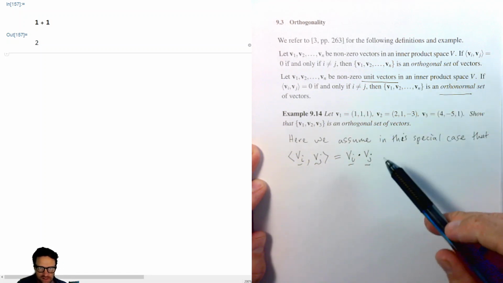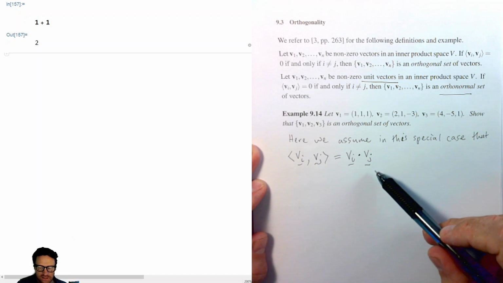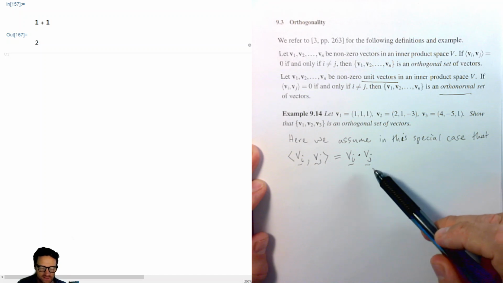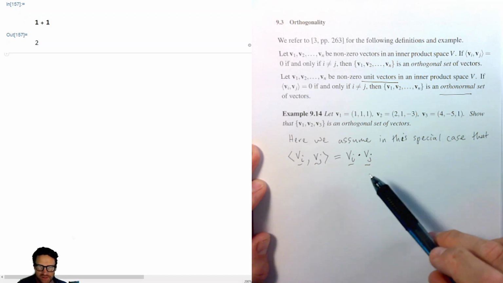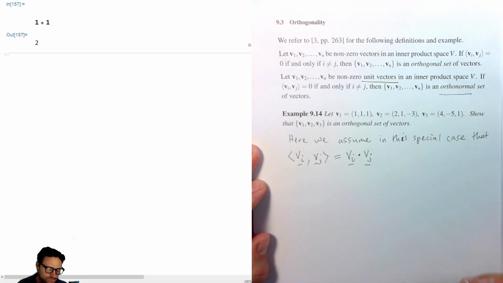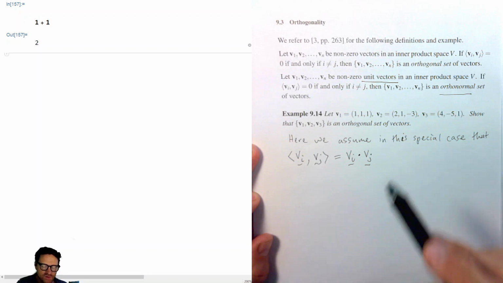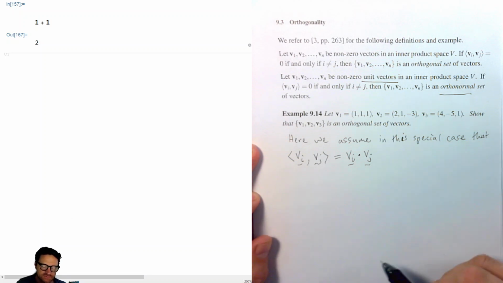But it's not always the dot product, right? The inner product is more general than the dot product. So let's take the dot product of each of these vectors.